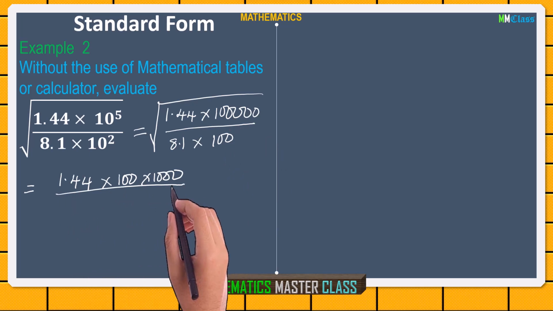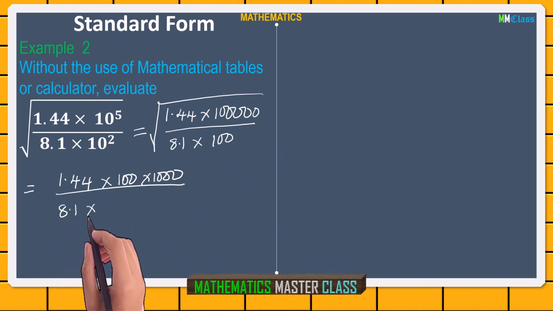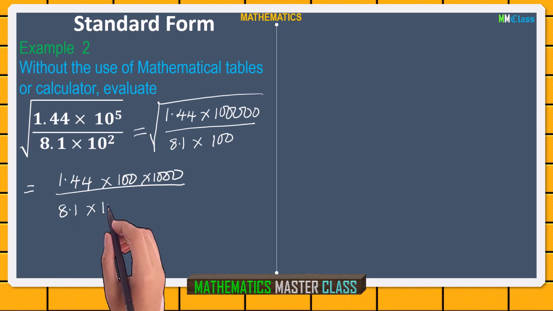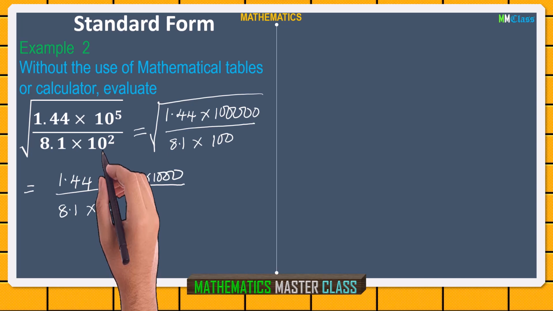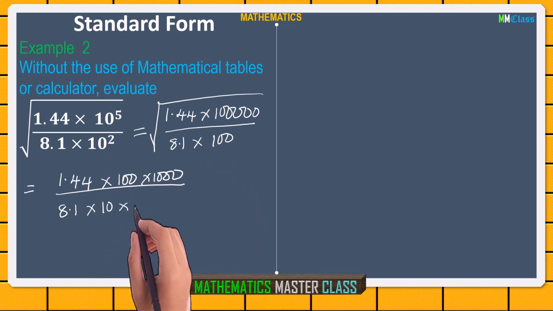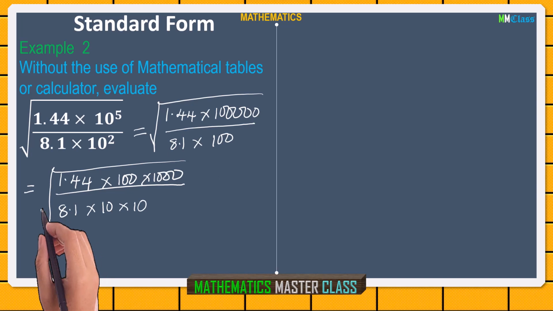So we are going to do the same thing to the denominator. What can we multiply 8.1 by to become a whole number? That thing is 10. And if you remove 10 from this 100, what you are left with is 10 again, because 10 times 10 will give you 100. So we take the square root again.